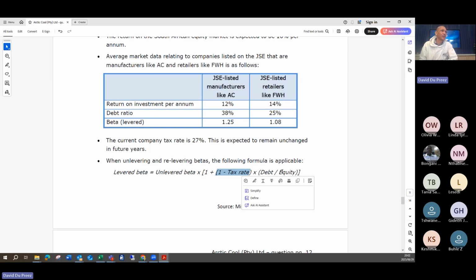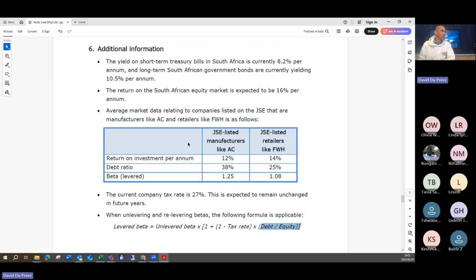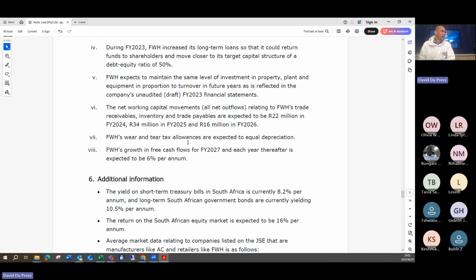First multiply this 0.3 by this debt equity ratio. This debt equity ratio would have been given to you as 70% or 60%, because it's debt over equity. I think the question would have given you a debt equity ratio target of 50%.